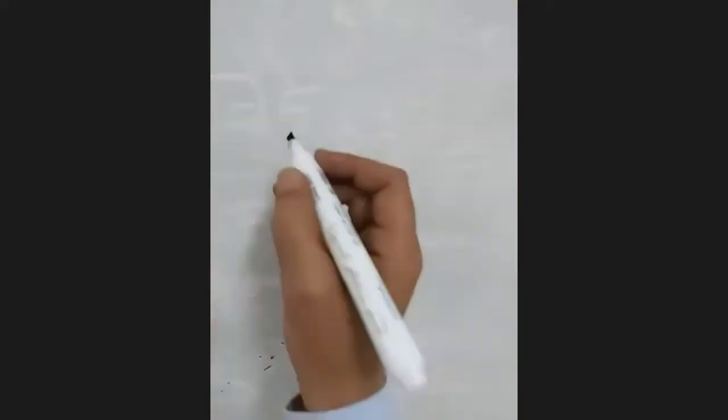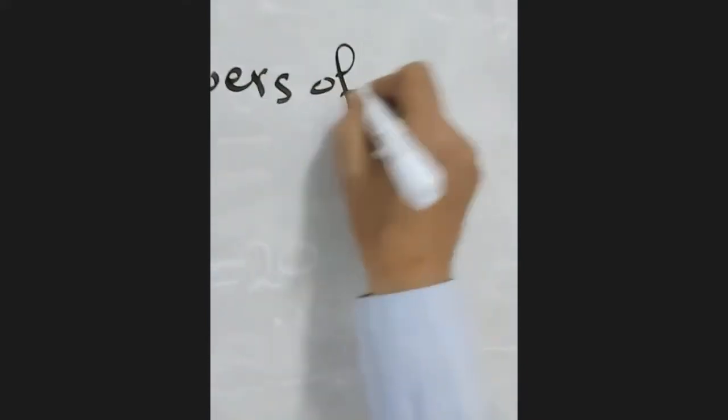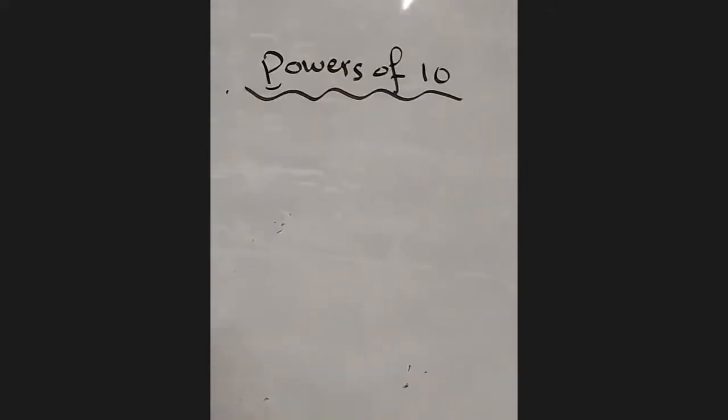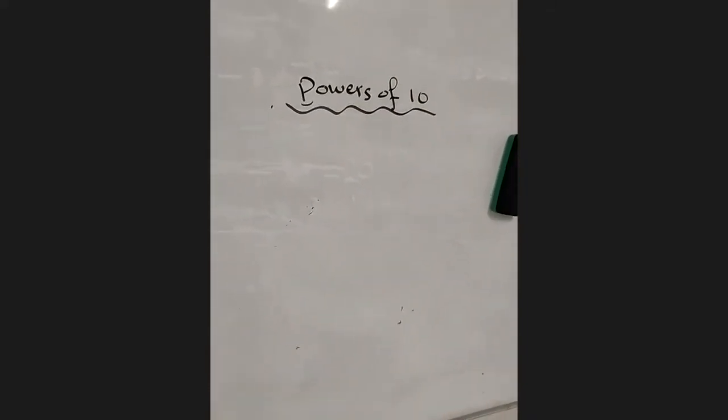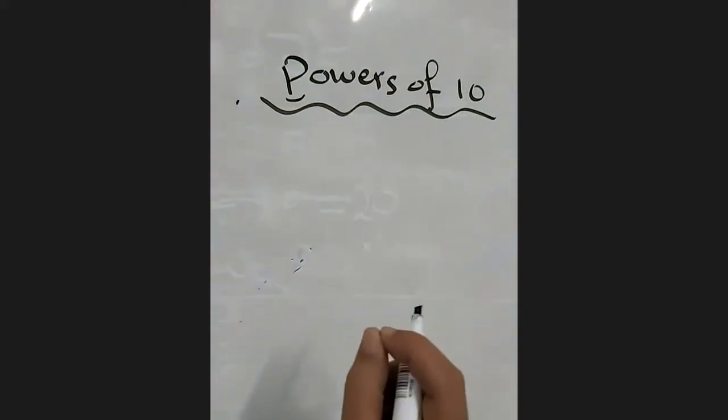Now, guys, we have something we call powers of 10. Focus with me here. Leave the homework, leave the questions, and look here. Don't look at your book. The 10 here is a special case.